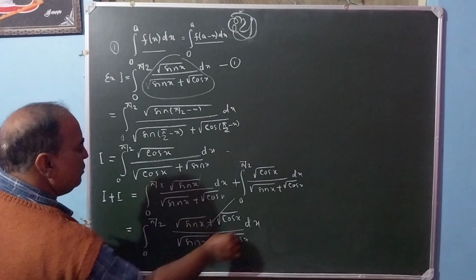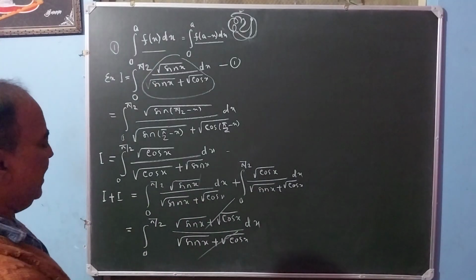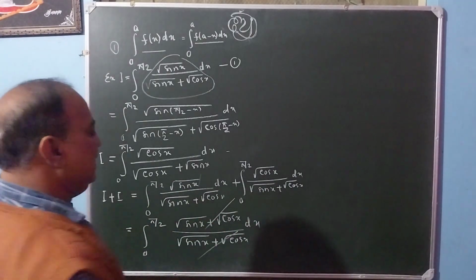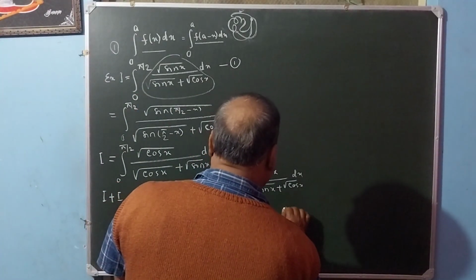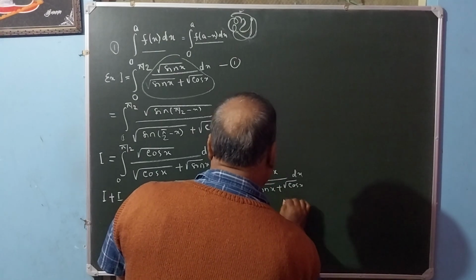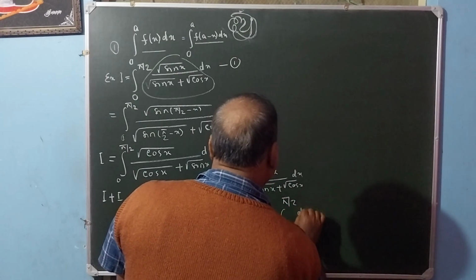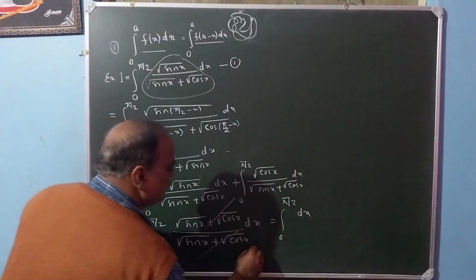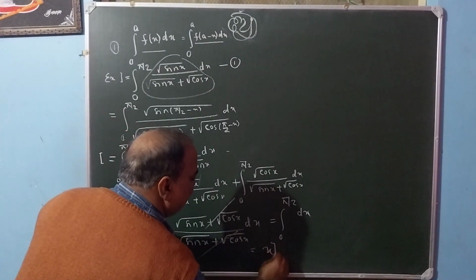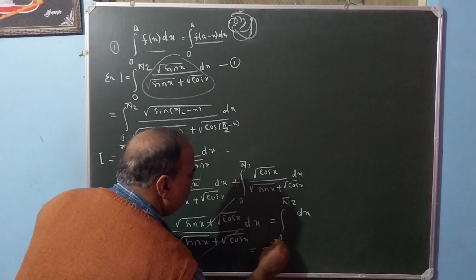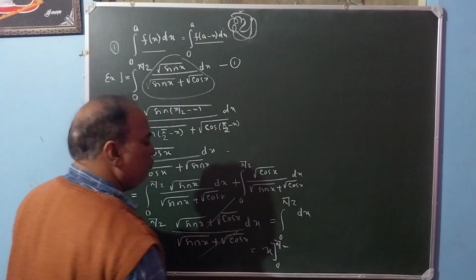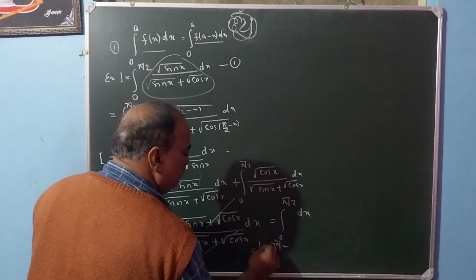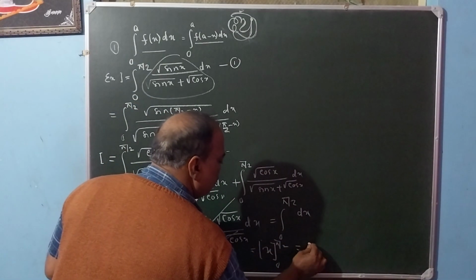So this cancels with this. So we get integration of dx from 0 to pi by 2. Integration of dx is x, evaluated from 0 to pi by 2. First of all we have to put the upper limit minus the lower limit.